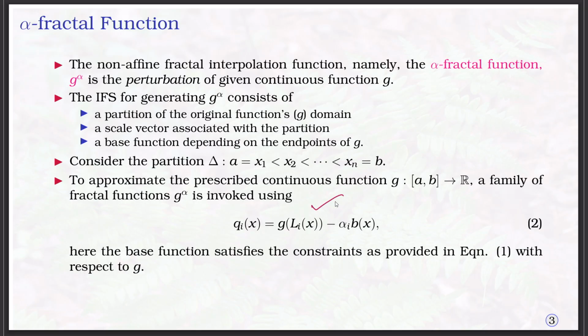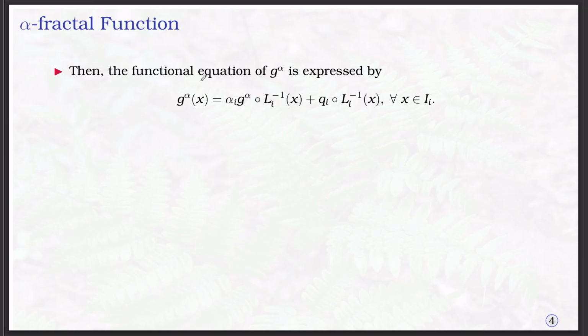That means, we are approximating the given continuous function by means of fractal functions. So, qi of x can be in the form of g of Li of x minus alpha i times b of x. Here the base function satisfies the constraint that at the endpoints b and g are the same, whereas the two are not identically the same function.